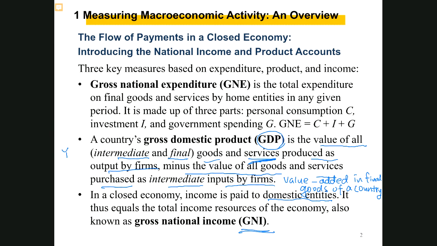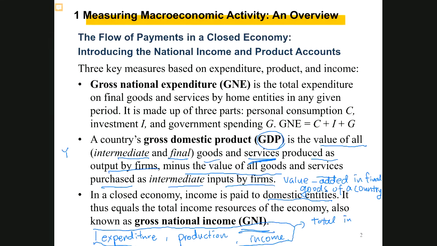So whenever we say national expenditure, or the total production, or the income, they should somehow be an indication of the total income or total output of a country, right? So the higher it is, the better.